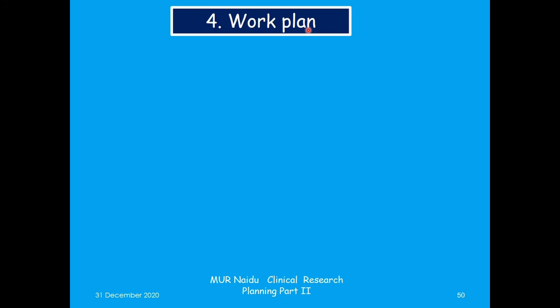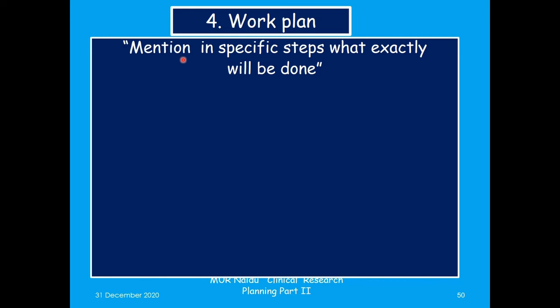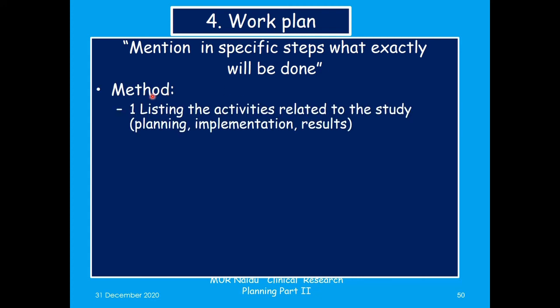It is always better to mention in very specific steps in clinical research what exactly will be done. Coming to method, first there must be a listing of all the activities related to the study, like activities to be done during planning, during implementation, and during the compilation of results.